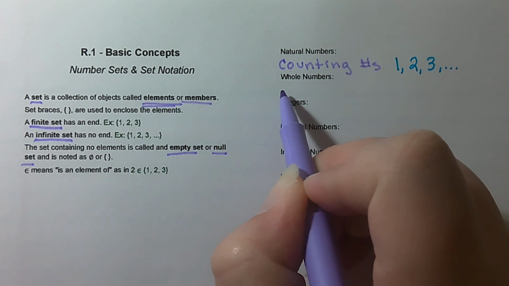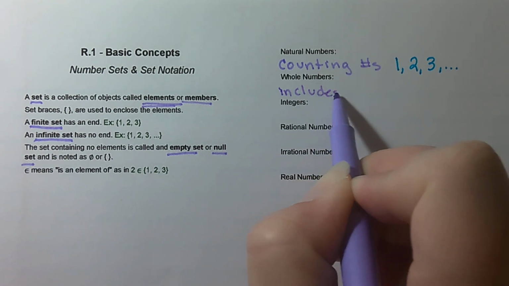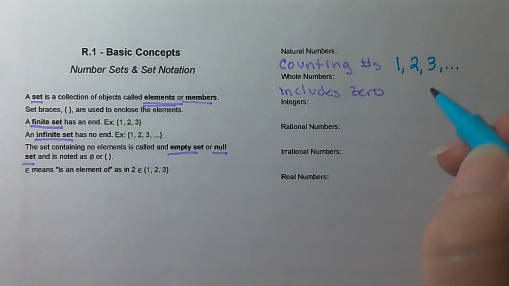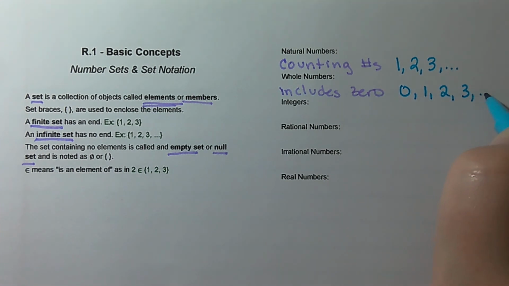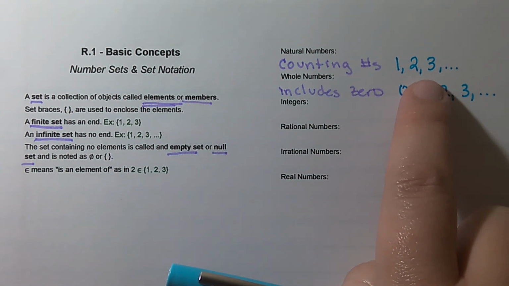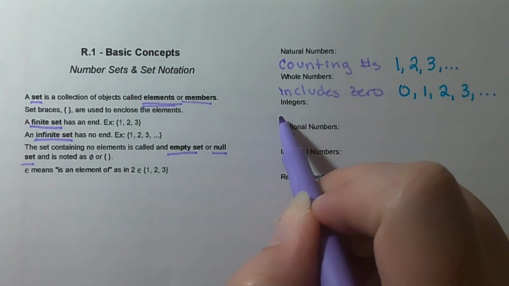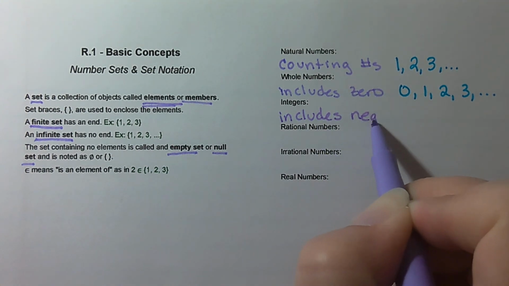Whole numbers, we start to include 0. So we start at 0, 1, 2, 3, and so on. Integers, then, we start to get the inverses of each of those natural numbers. So integers are when we start to include negatives.